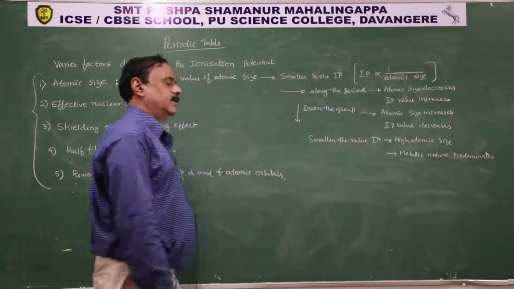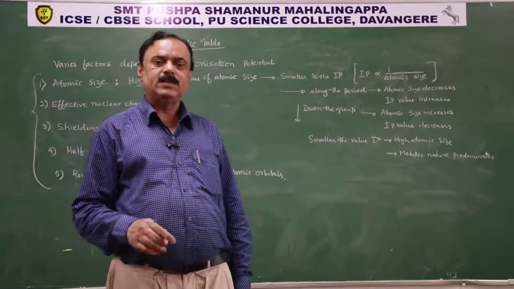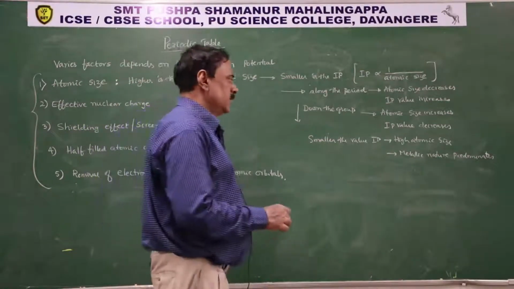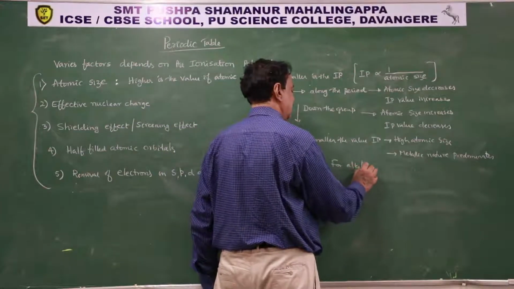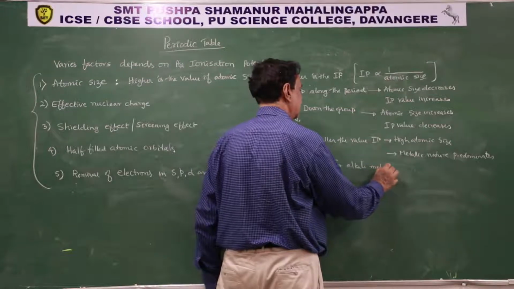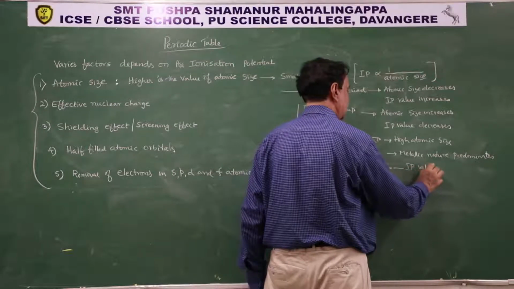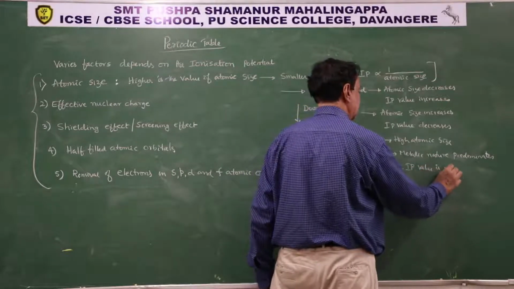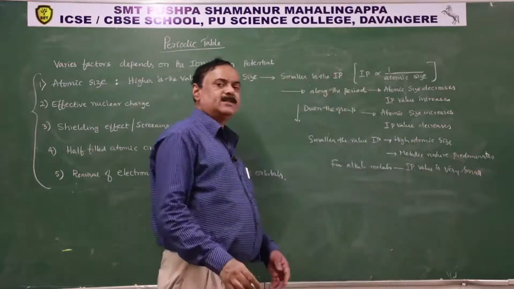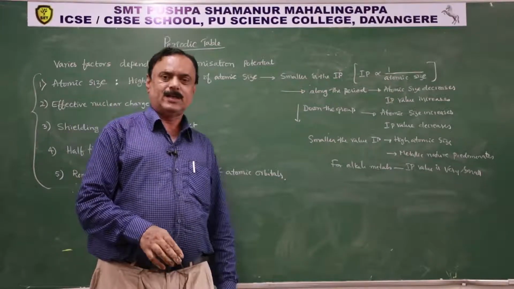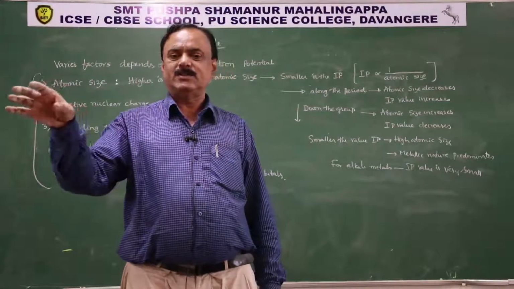Metallic nature predominates. This implies that for metal atoms, the ionization potential value is smaller. For alkali metals, the IP value is very small. Therefore, in your entrance exam, they may give the IP values of 4 elements, this is X kilojoules, this is Y kilojoules, this is Z kilojoules.